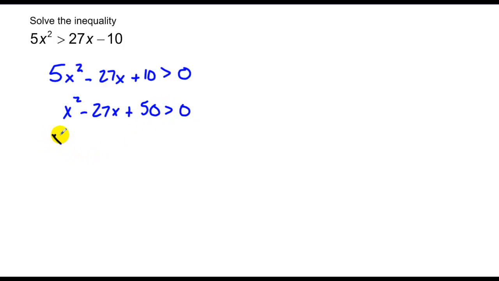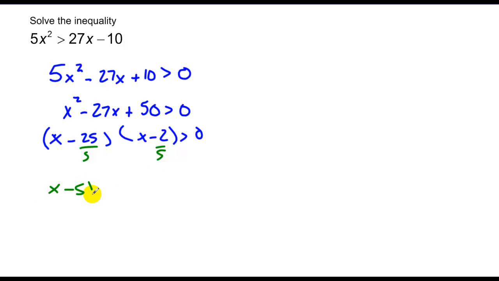I factor that into x minus 25, x minus 2, but then I have to remember that I'm going to divide everything by that 5 again and get x minus 5, because that reduces, and this is 5x minus 2.